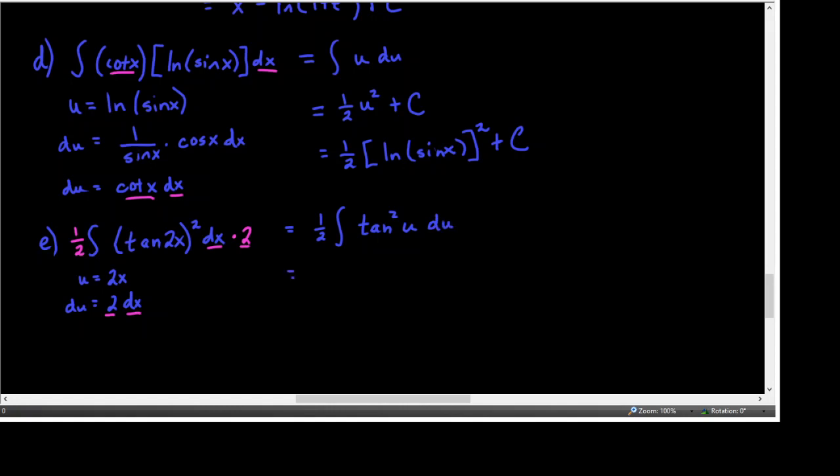Well, to take this one further, you're going to have to remember an identity from pre-calculus, one of the Pythagorean identities, the one that has tangent squared in it. And if you solve that identity for tangent squared, you end up getting secant squared of u minus 1.